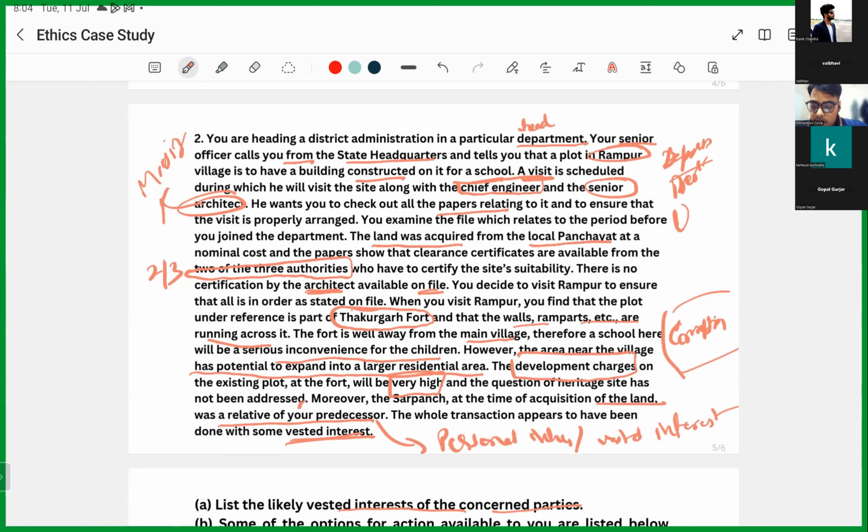Next. Now the state headquarters. Okay, senior officer from state headquarters. State headquarters, vested interest.